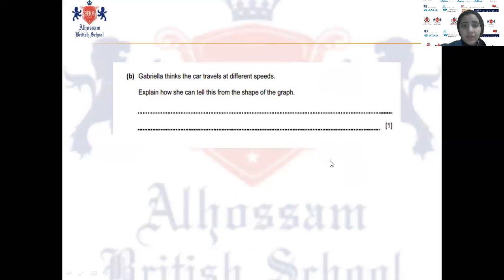Gabriela thinks the car traveled at different speeds. Explain how she can tell this from the shape of the graph. How do you know she traveled at different speeds from the graph? Look at the graph.